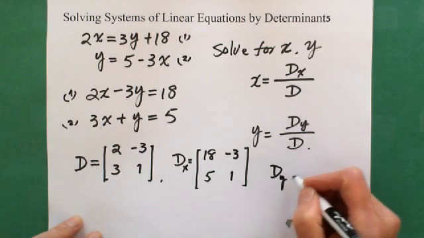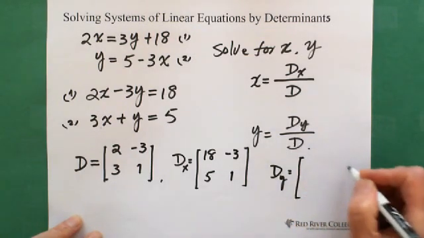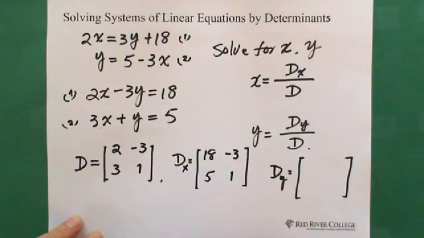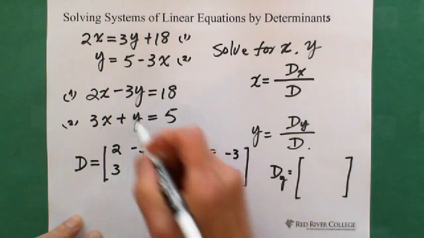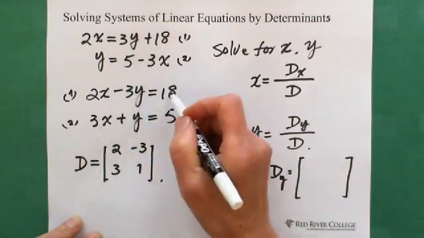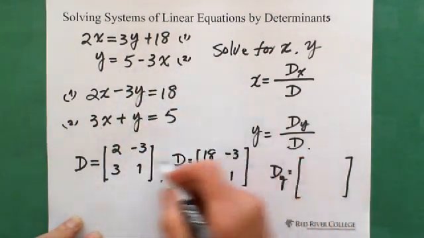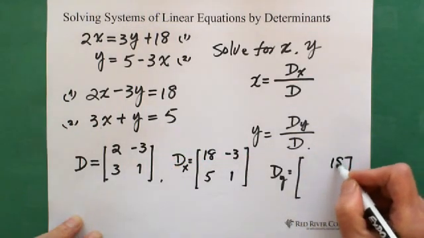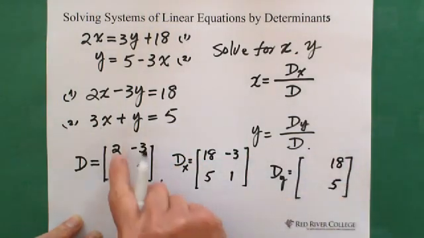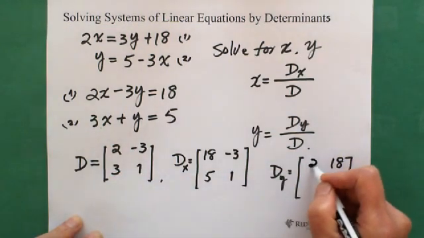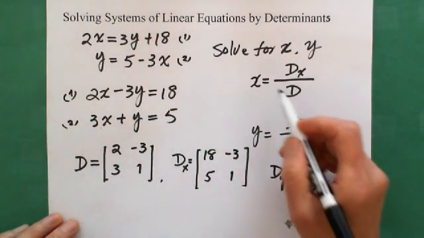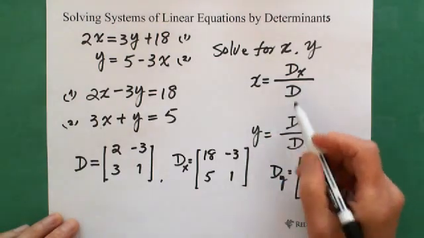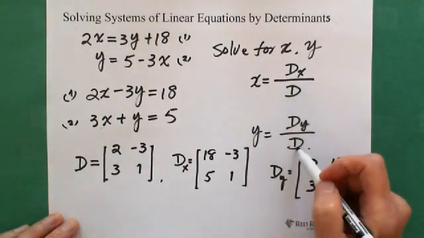And determinant y: because you're looking for determinant y, the y coefficients are replaced with the constants 18 and 5. The x column doesn't change. That means the determinant d is just the coefficients of x and y.